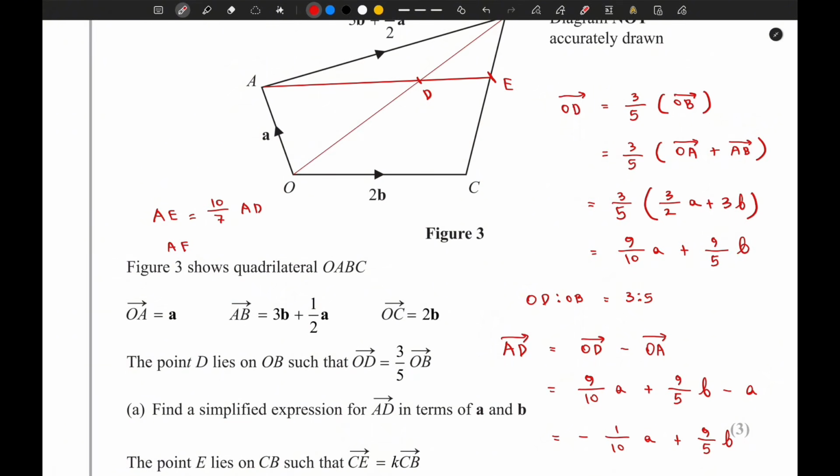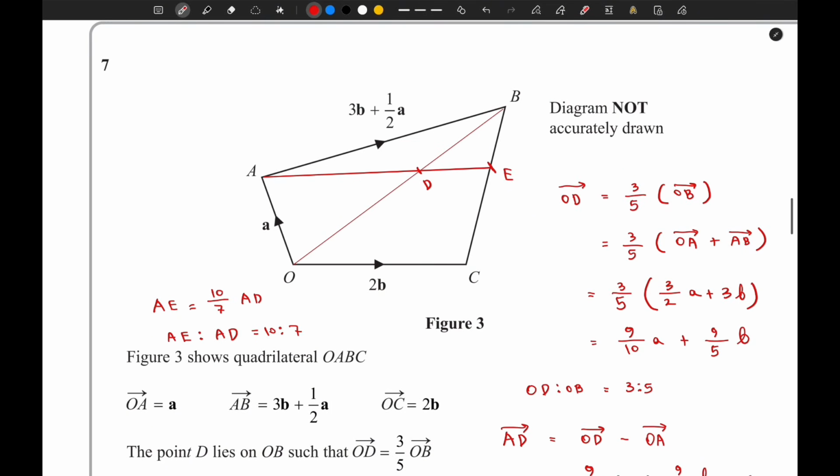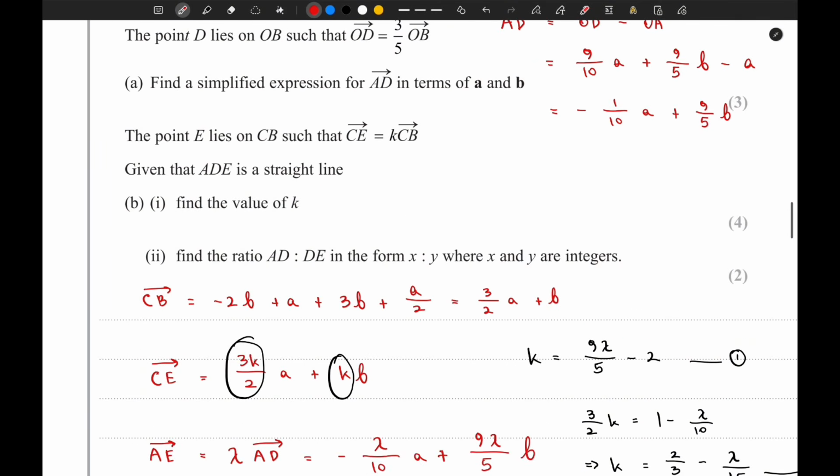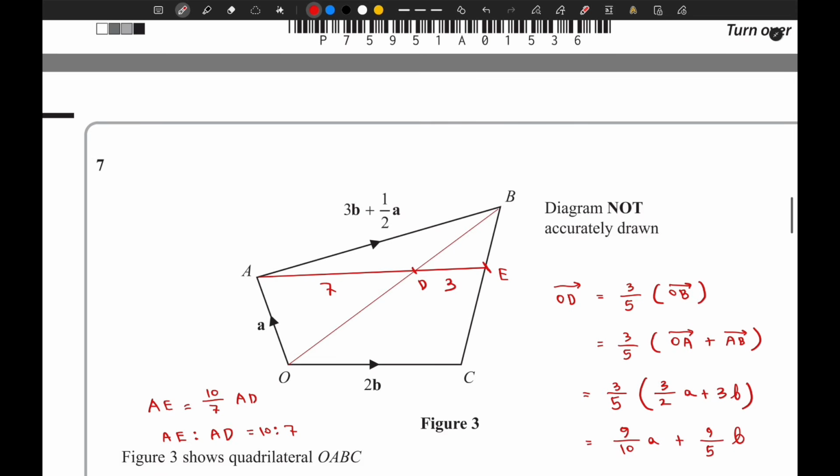So I can say that AE is to AD as 10 is to 7. So AD is 7 and the whole thing is 10, which means this one is 3. So the ratio of AD to DE is 7 to 3. So that is the answer for this part.